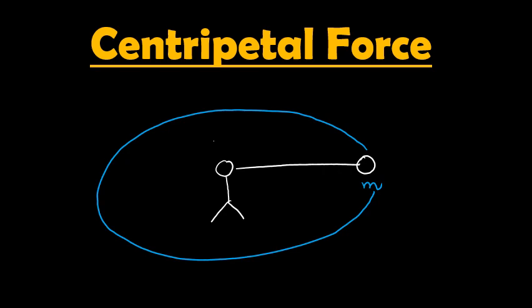The force which the boy applies on this ball is a tension force. This tension force is basically causing the centripetal force, and due to this the ball will move in a circular path.